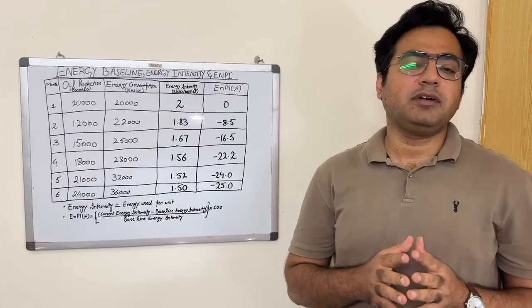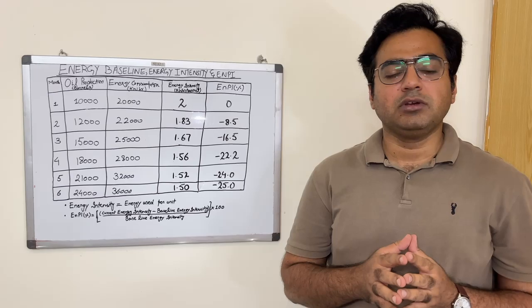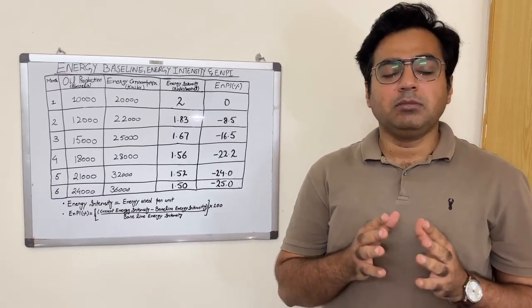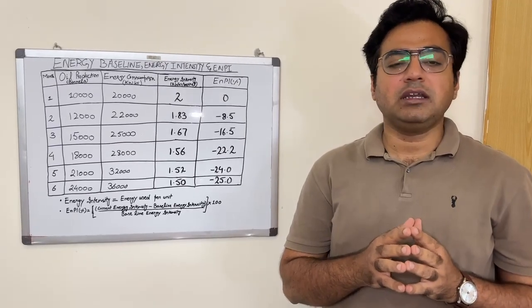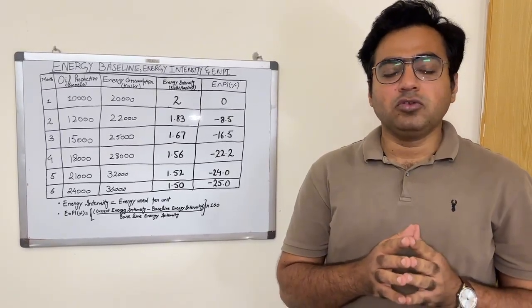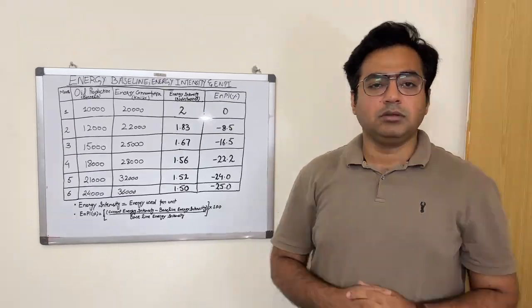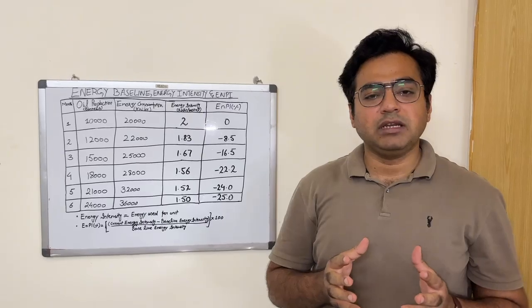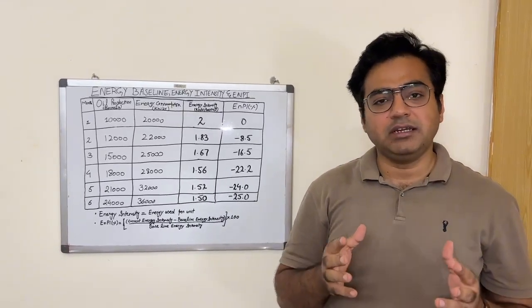As the name of our channel indicates, we are very much focused on carbon emissions, but we will also cover the concepts of energy efficiency, because 60% of the global GHG emissions are due to the inefficient use of energy. So we will cover the energy efficiency concepts in detail. Today the topic of our video is the difference between energy baseline, energy intensity and energy performance indicators.